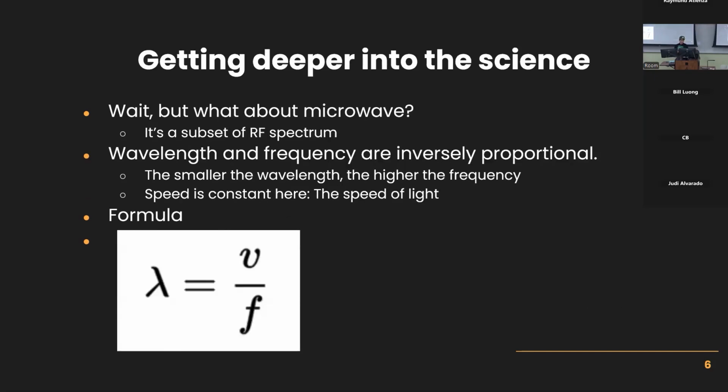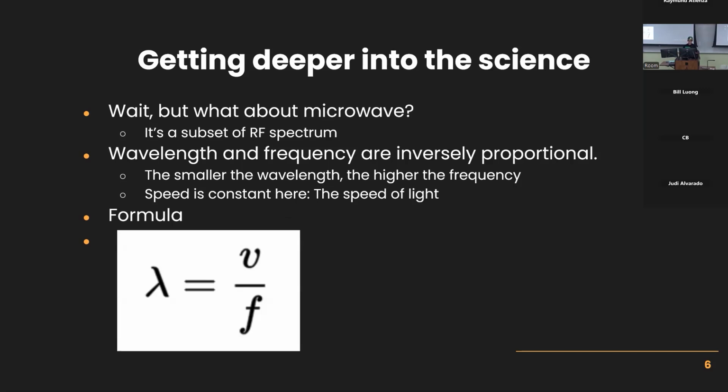All right, let's get deeper into the science. Some of you might ask, oh wait, what about microwaves? It is a subset of the radio frequency spectrum, which means it overlaps within the range.